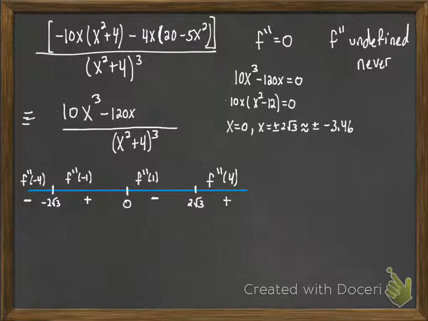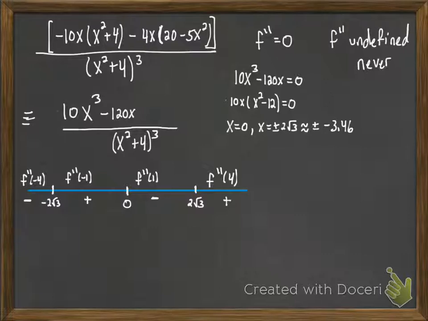You really should pause the video at this point in time and actually evaluate that yourself. And instead of picking those values, maybe you want to pick your own, just to see that the sign of the second derivative is as we've stated it here.